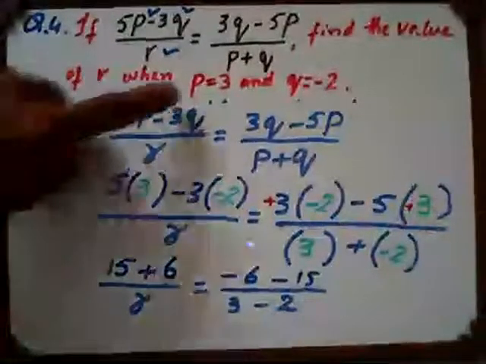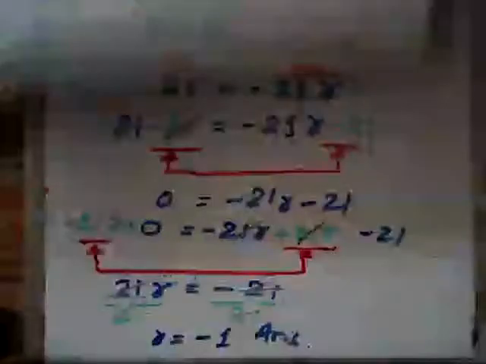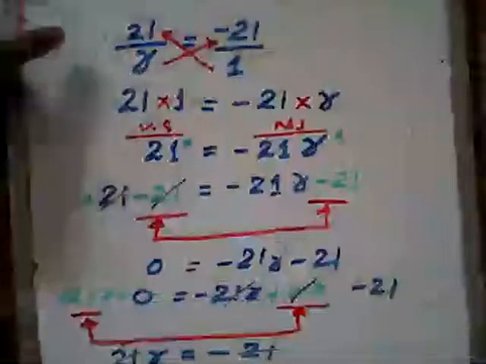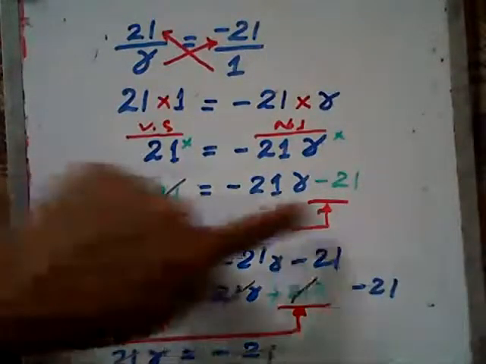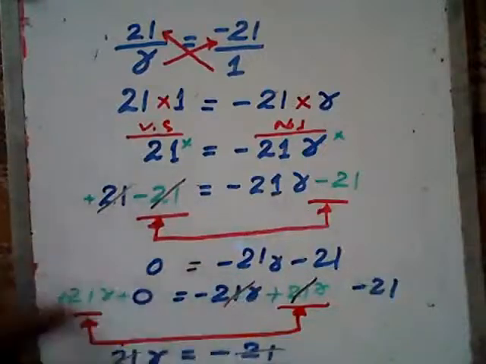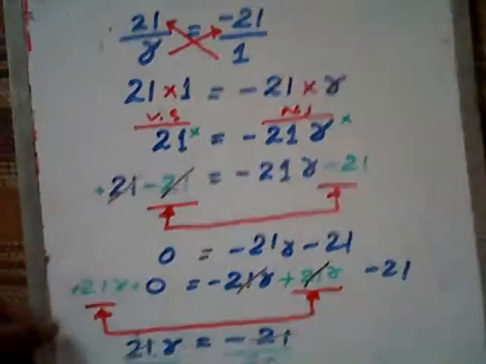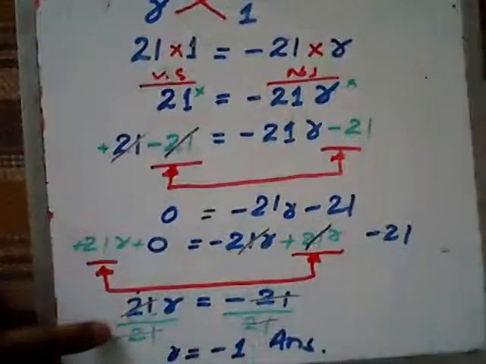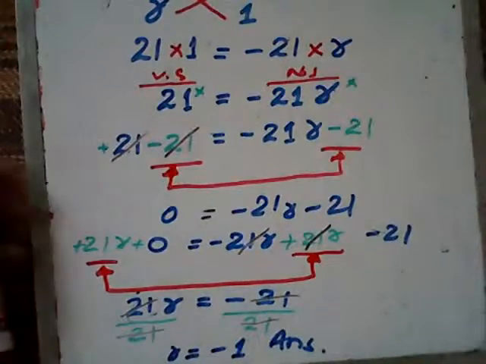Out of these three variables, two variables' values are given, and we have to find the value of the third. We found that our equation becomes like this: 21, and we moved numbers to the number side by subtracting or adding, and variables to the variable side by adding. Now we have the variable in the right place and the number in the right place, then we divide by the same number to get the value of r. So we found it. Hope you understand this one.